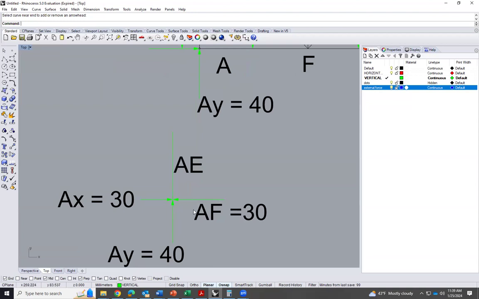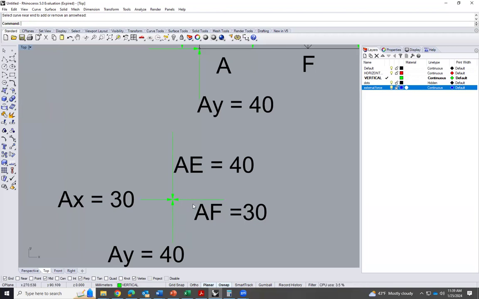The direction is going to be like that. And what about AE? AE is going to be 40 because it goes down, and the direction it's going to be down.